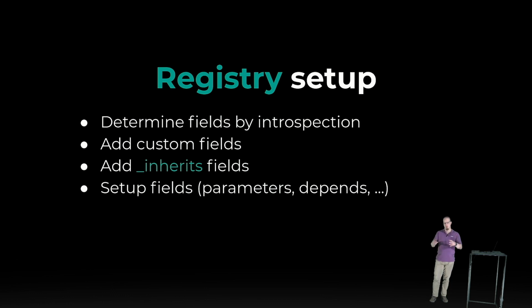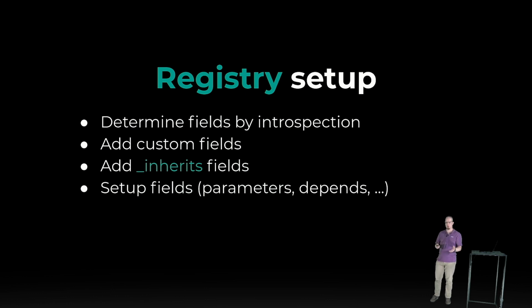And the registry, once it has built the classes, will set up the fields, and the field setup is one of the most important things in the ORM. Essentially it is for managing all kinds of things like computations, and dependencies between fields that are necessary, for instance, because they have an impact on the record cache.